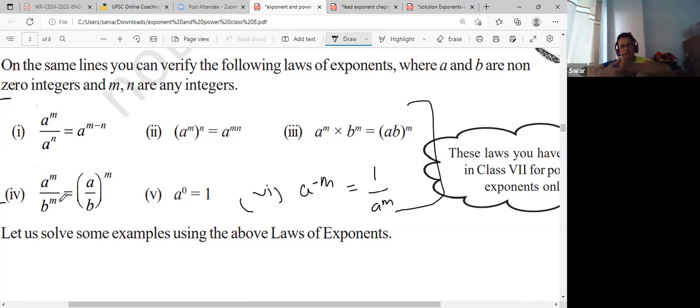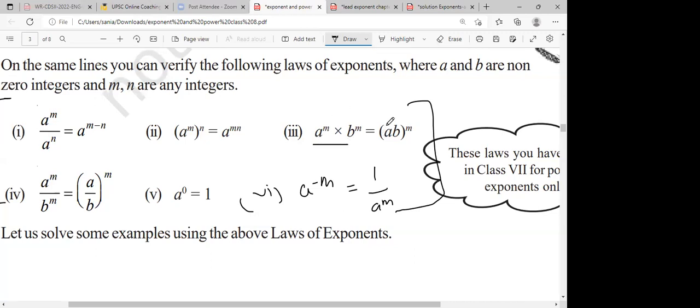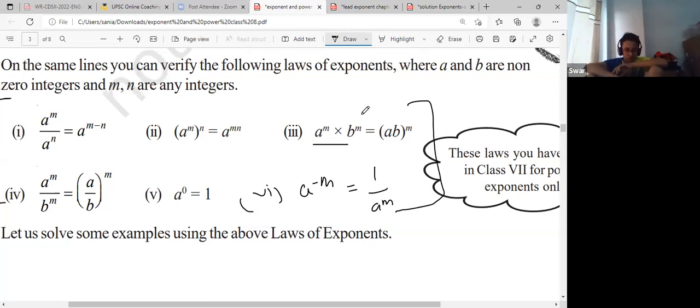Ma'am, but we have to multiply them, not divide. Bases are different, exponents are same. So a^m times b^m, okay, we have to multiply the thing.